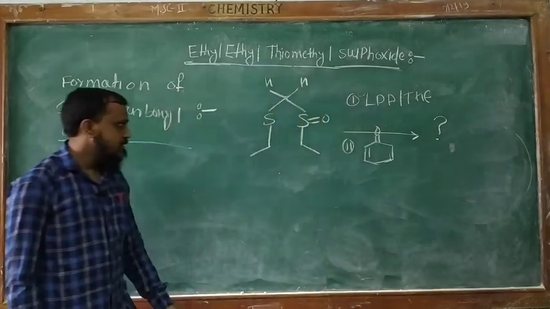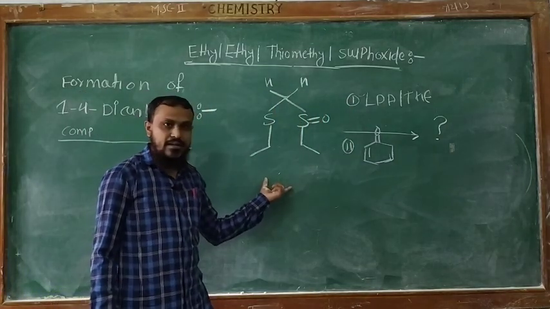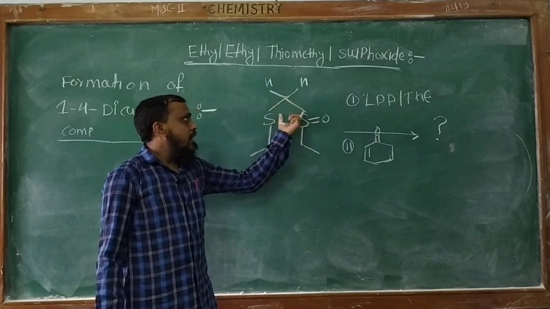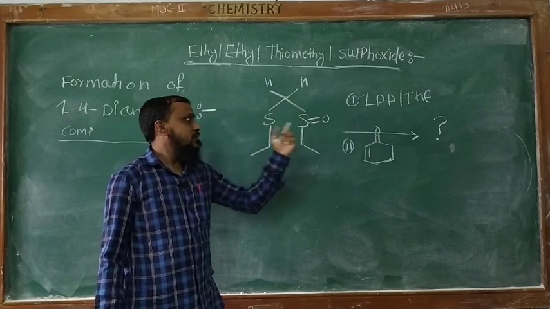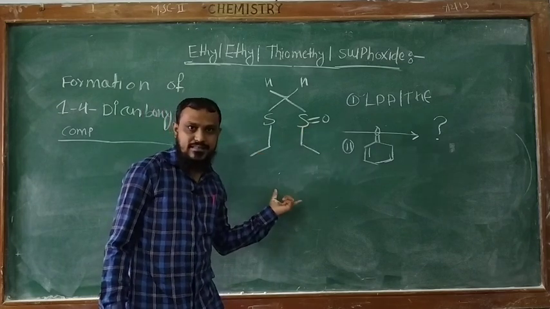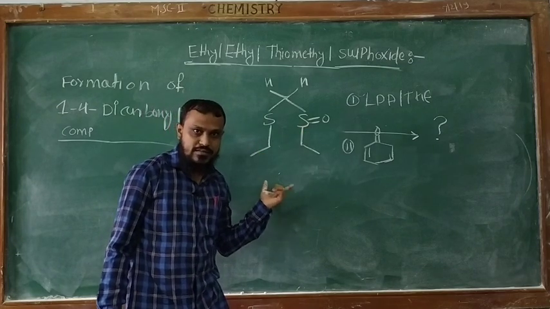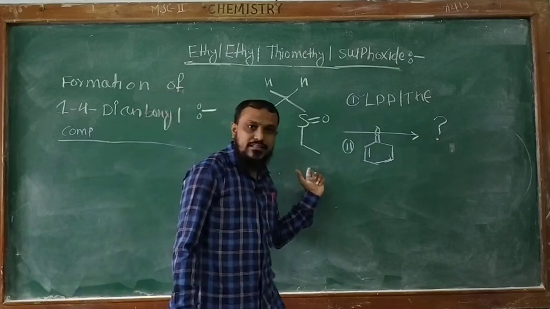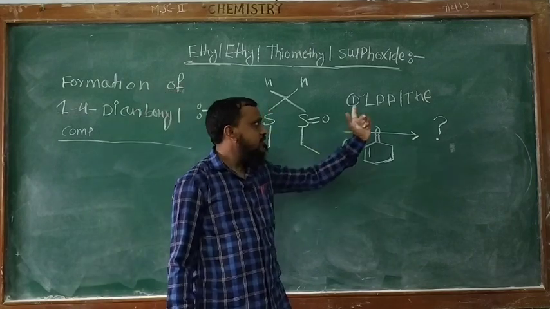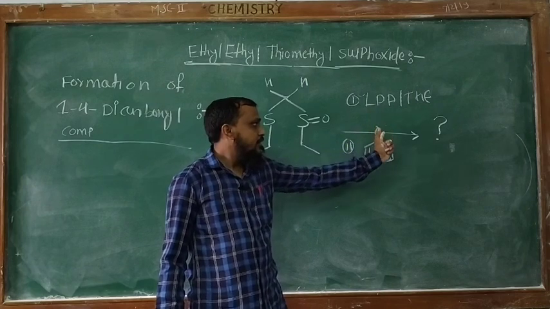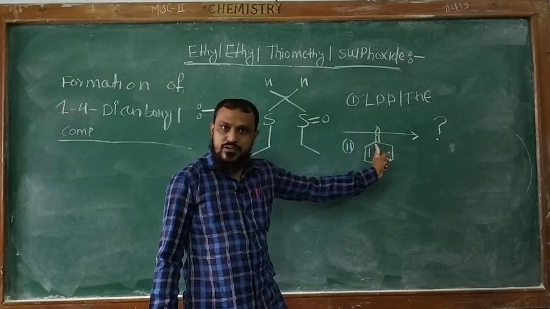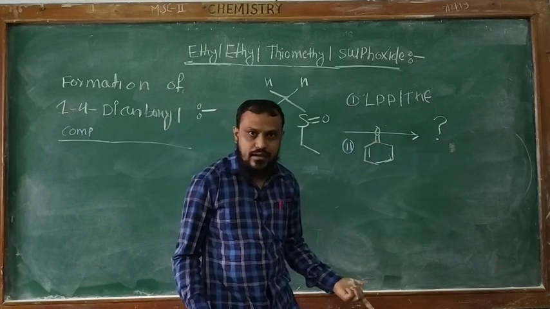When we see, the first reactant is ethyl thio-methyl sulphoxide. Okay, this is the ethyl thio-methyl sulphoxide. This is the second umpolung reagent. Okay, when the ethyl thio-methyl sulphoxide is treated with an alpha beta unsaturated carbonyl compound, it gives a 1,4 dicarbonyl compound.